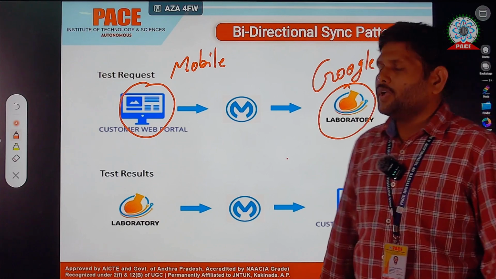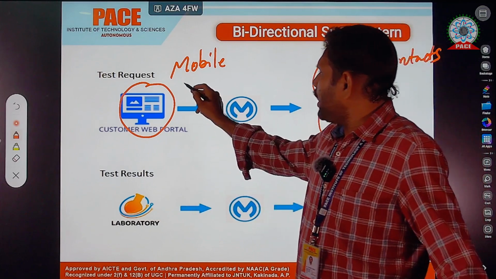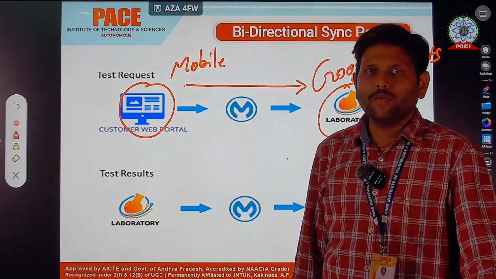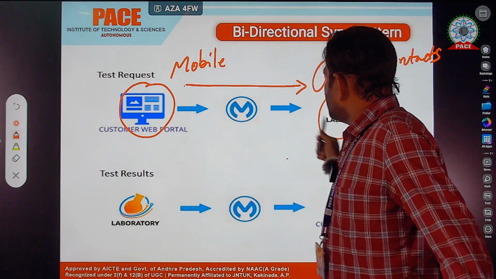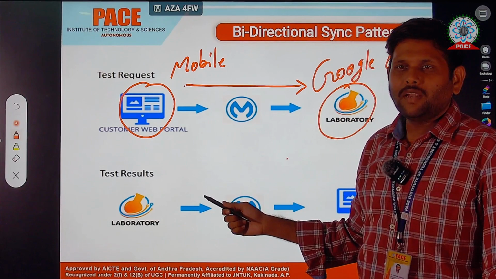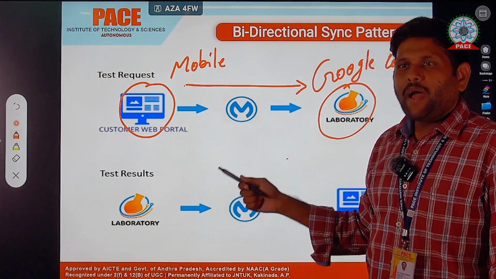Now, what's going on here? Once you update one contact in your mobile, then immediately that will be updated in Google Contacts. That means both the applications have the same records, which can be called sync. But here ours is bidirectional sync.